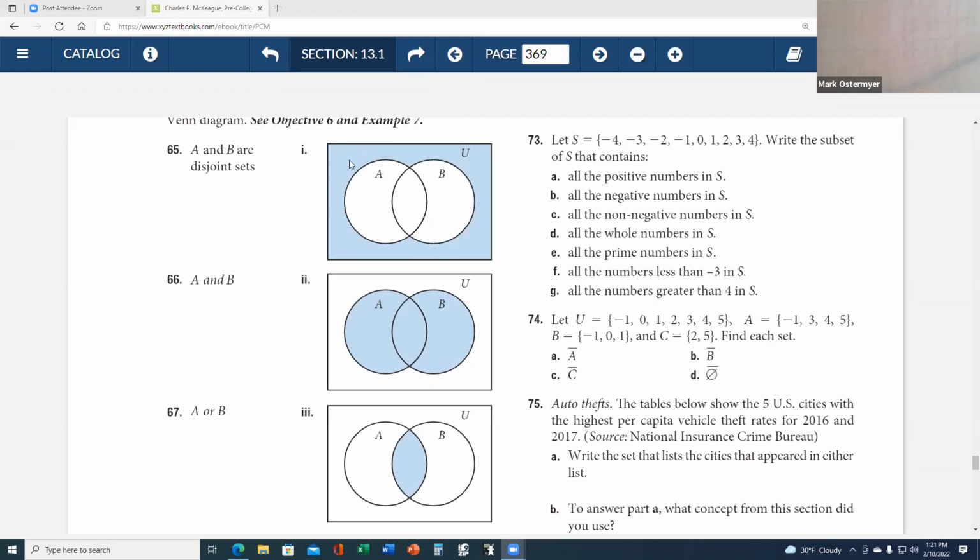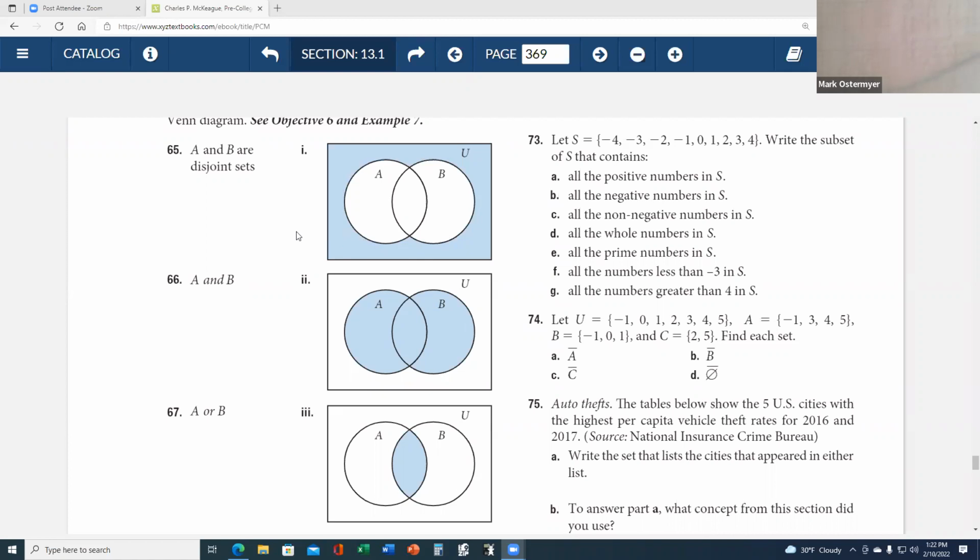For instance, notice this first Venn diagram in I only has the region shaded outside of sets A and B. So the set being depicted by this Venn diagram is a set of all elements that belong to the universal set and yet do not belong to set A or B. So this shading out here represents all elements that are in the universal set that are not found in A and not found in set B.